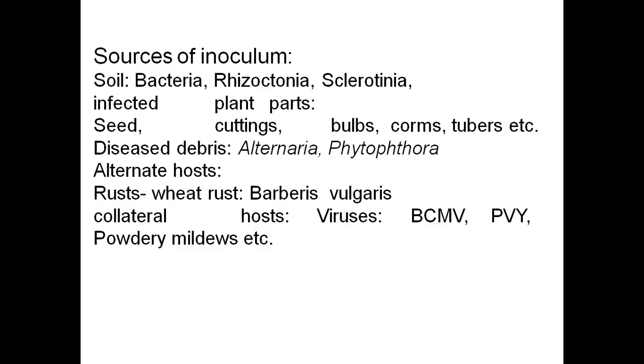Most of the plant pathogens, maybe the bacterial pathogens or the fungal pathogens, have inoculum in the form of different propagules that survive in the soil or on the infected plant parts, maybe on the seed or on the cuttings or on the propagating plant material, or on the diseased plant debris.